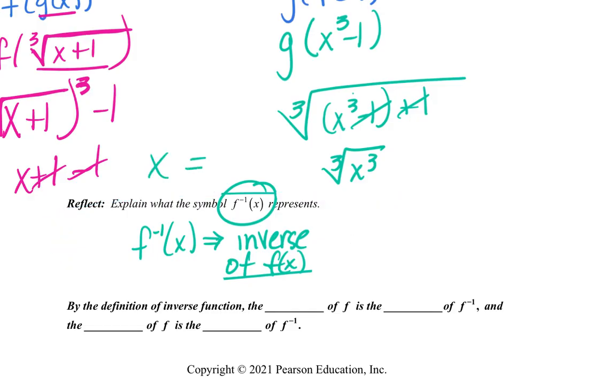So x equals x. By the definition of inverse function, the domain of your function is the range of your inverse. And the range of your function is the domain of your inverse. So if you can find the domain of each one, then swap them and they're the range of each other.